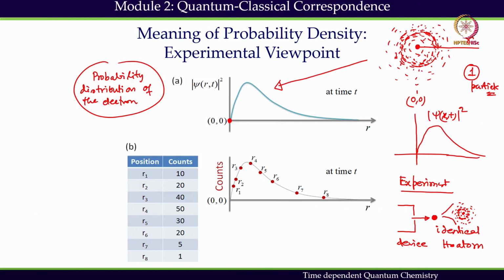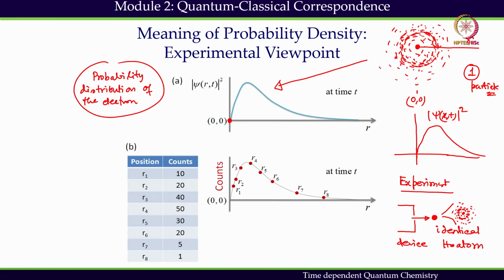We will also assume that there is a technique in the experiment in which I can very precisely find out the position of the electron with respect to the nucleus.